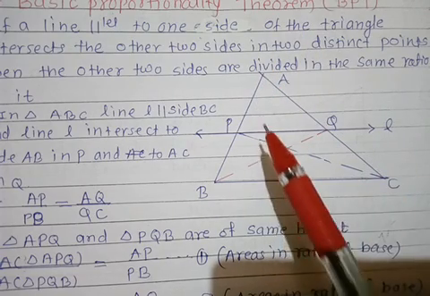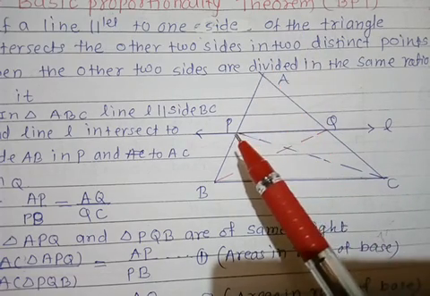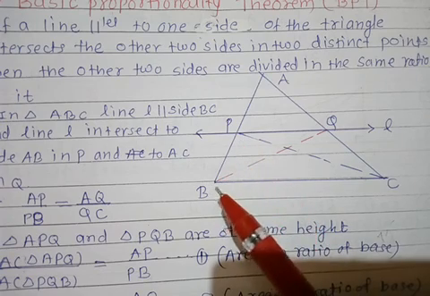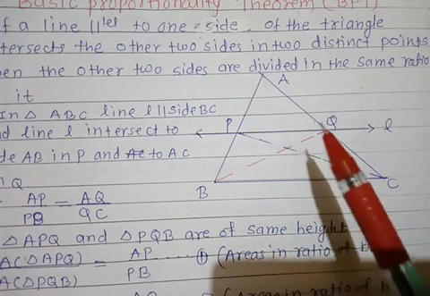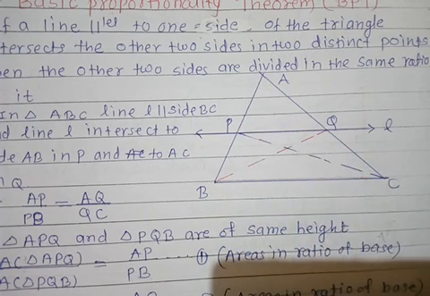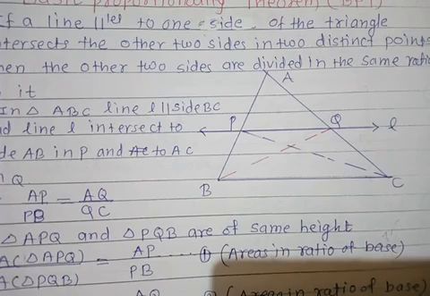You have to prove AP divided by PB equals AQ divided by QC. Understand?